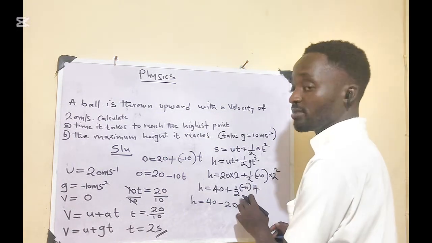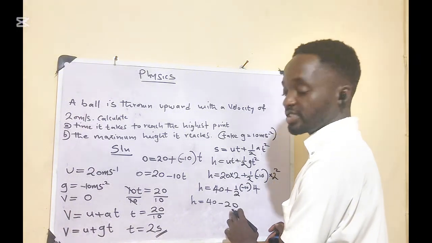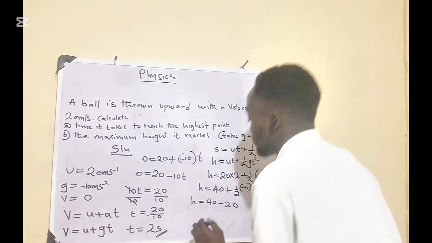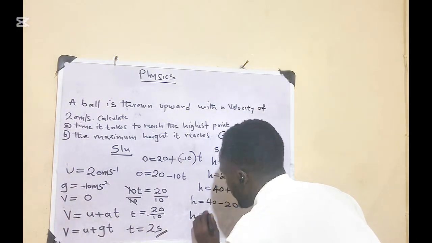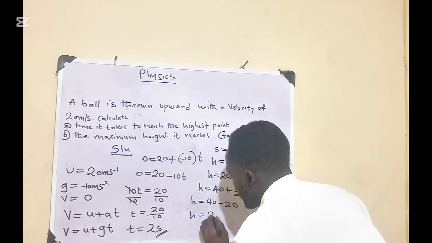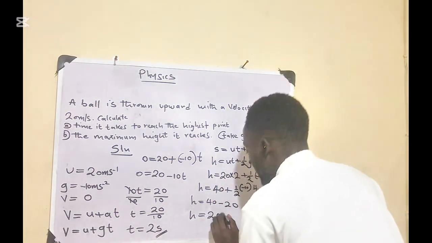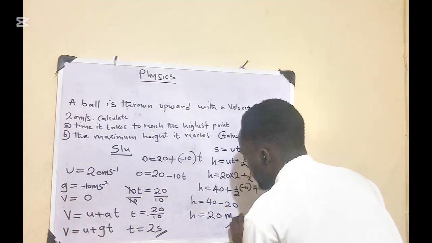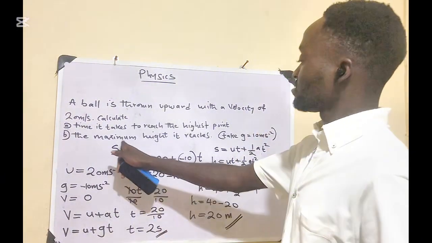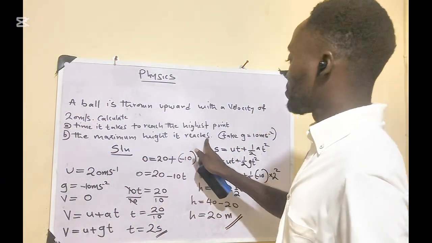Then minus 40 divided by 2 gives us 20. So now we have 40 minus 20. So h is 40 minus 20, which is going to give us 20. And we know that the unit of height is meters. So this is our final answer. This is the maximum height that the ball is going to reach.